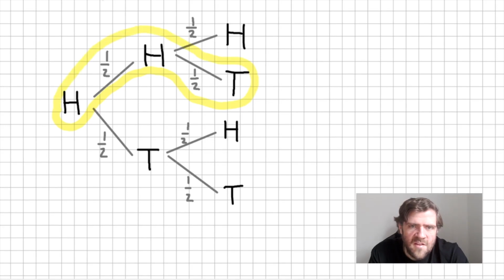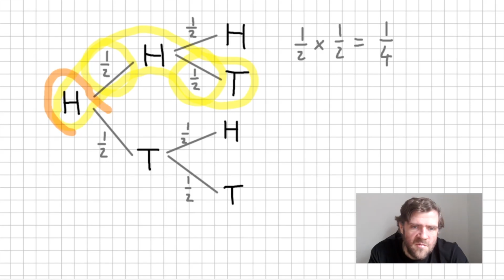The way we work this out is we look at all of the probabilities along the process, which is this half and this half, and we multiply them together. So half times half is a quarter. And if we wanted to work out the probability that it was tails at the end, independent of what happened in the middle, we would then also take into account this other possible way of getting that.